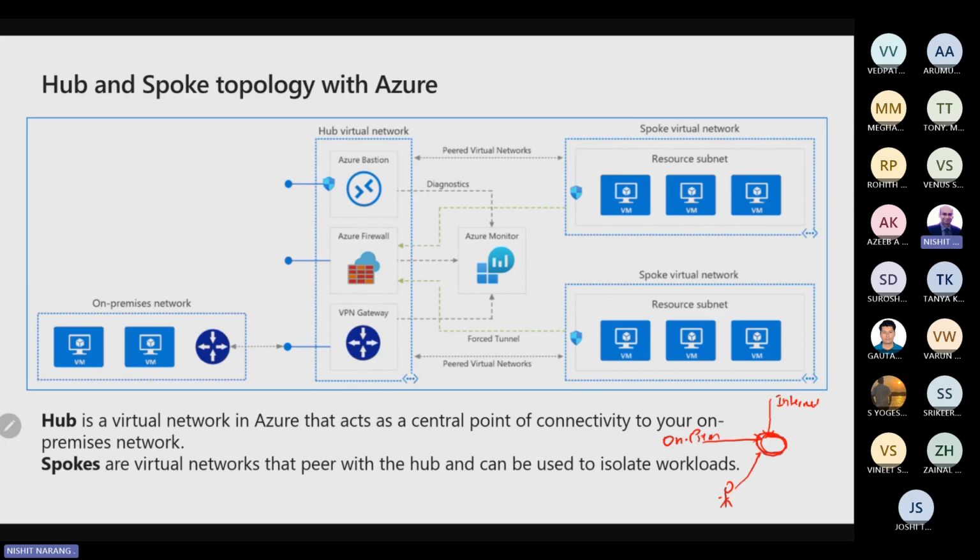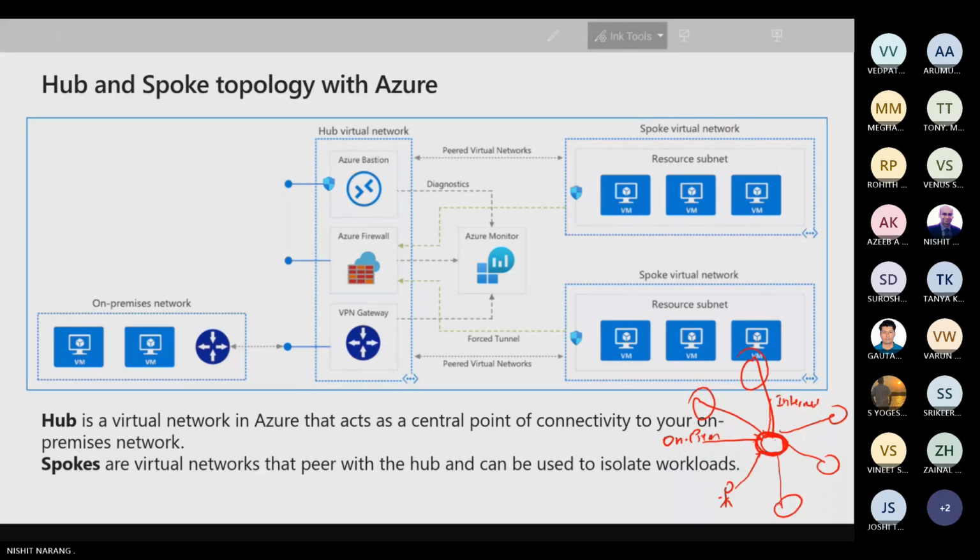They all reach the hub. There's a hub virtual network. It's kind of a subnet that you've created, or this is the public subnet, you can say. And then there are multiple private subnets in a hub and spoke model, which are connected to the hub. So all the external traffic passes through the hub virtual network before it goes to the spoke virtual network. That is my way of creating network segmentation.